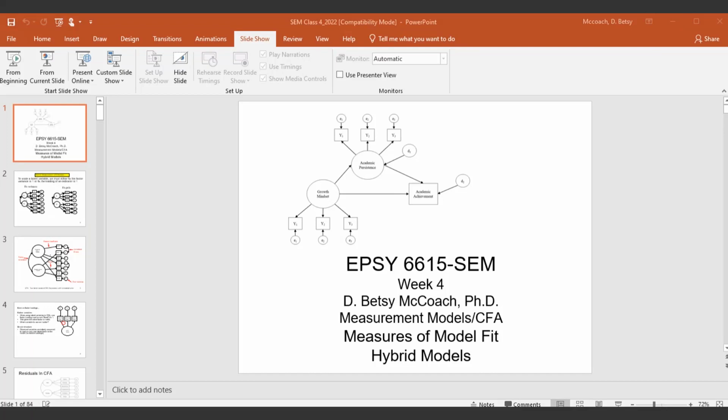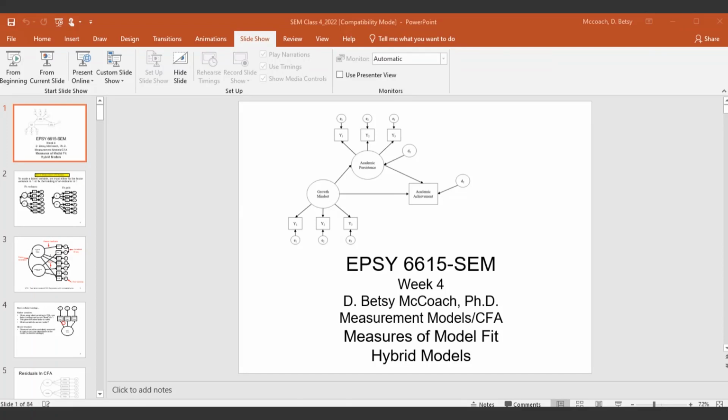But the plan: we still need to talk more about CFA and measurement models because we didn't finish that last week. We need to talk about hybrid models. So how do we put together measurement models and structural models to actually fit a full hybrid SEM?